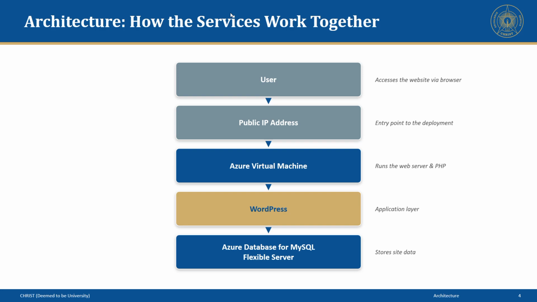Whenever WordPress needs to store or retrieve information, it communicates with the Azure Database for MySQL server. So basically, the virtual machine hosts WordPress and the MySQL flexible server stores its data. The public IP provides access to the application.